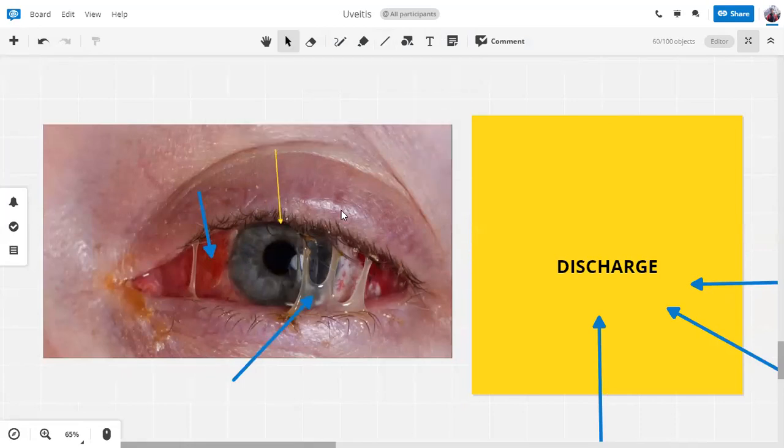Conjunctivitis. Which type of conjunctivitis? Bacterial. Mucopurulent conjunctivitis. Yes, it can be bacterial in nature. That's good. You can also see that there is a circumciliary region in this area. It's also clear. Okay. So how will you treat this conjunctivitis?